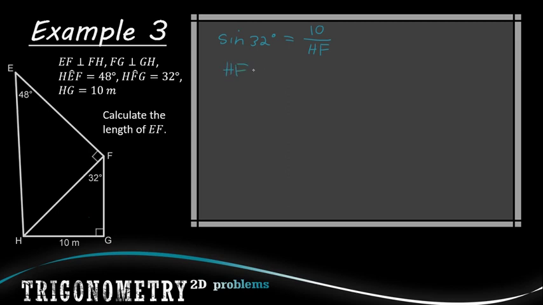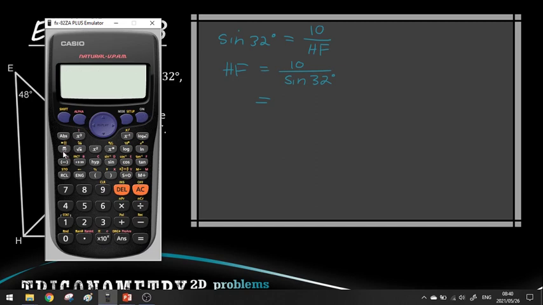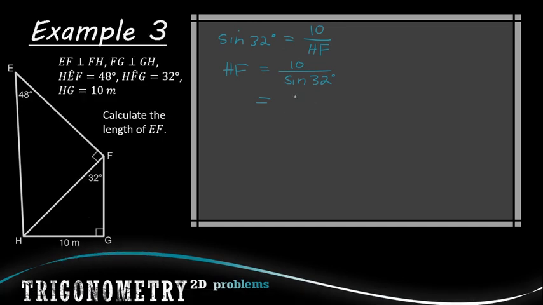So HF is equal to 10 over sine of 32 degrees. We simply work that out. So that is equal to 18,87.